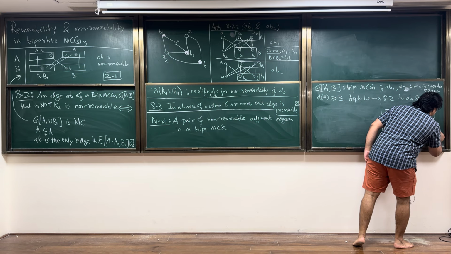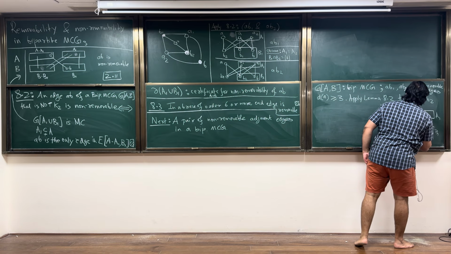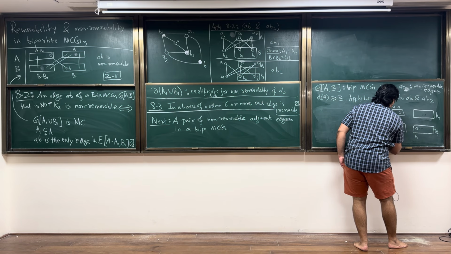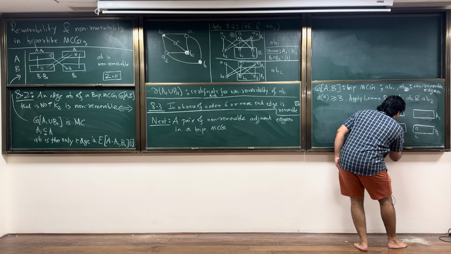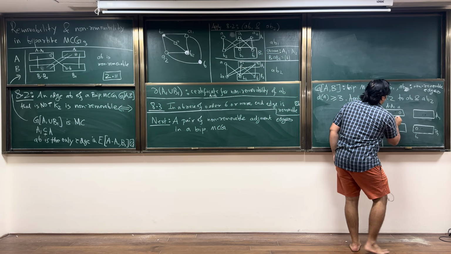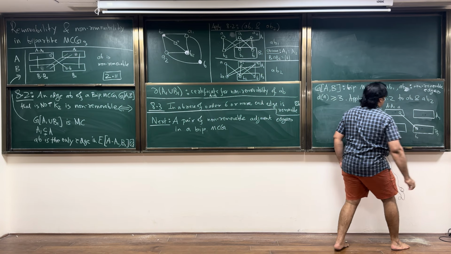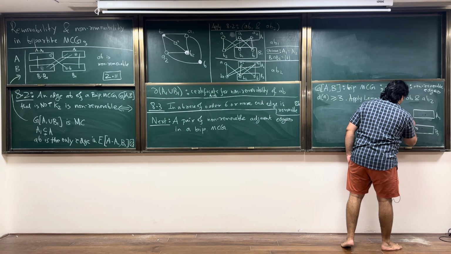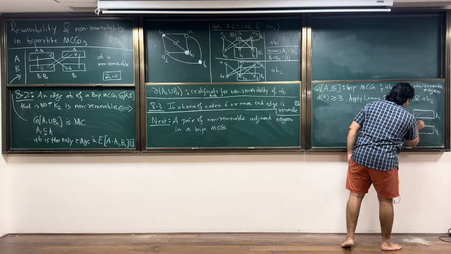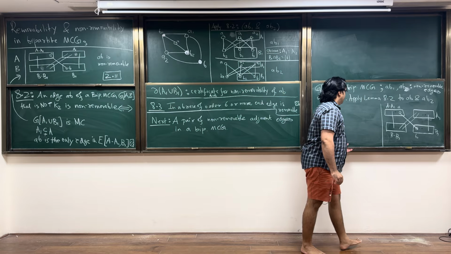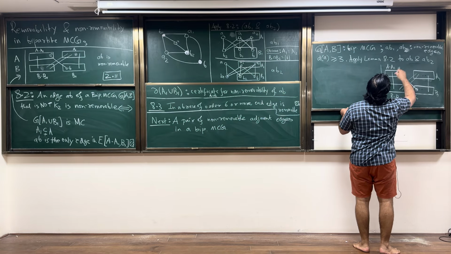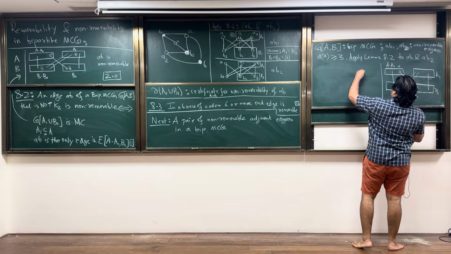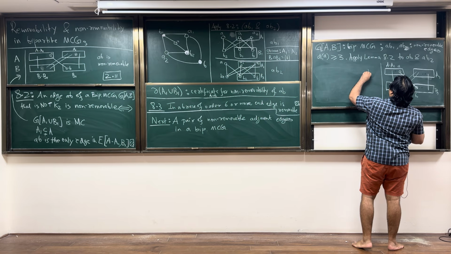This is my capital B1. This is my capital A1. Therefore, this is A minus A1. And this is B minus B1. This is our edge AB1. All the edges of the graph, apart from this edge, look like this. This is applying Lemma 8.2 to AB1. And well, AB2 is going to be on the left side. That's unfortunate. Anyways, fine.